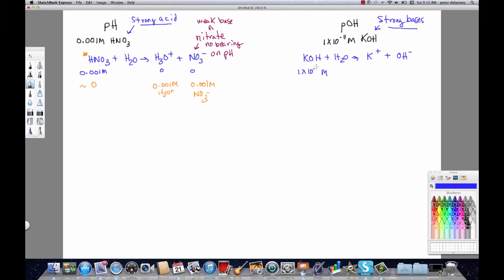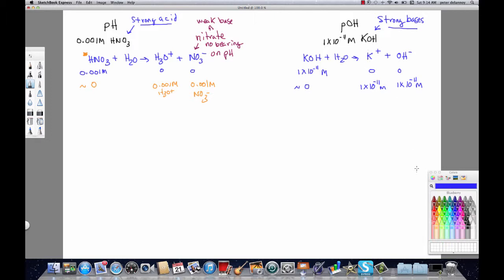And after the KOH fully reacts, there's going to be none of that particular particle left. However, we will have produced equivalent amounts of the potassium ion and the hydroxide. And the hydroxide is the animal, if you will, that's controlling or has an effect on the pH and the pOH of the resulting solution.